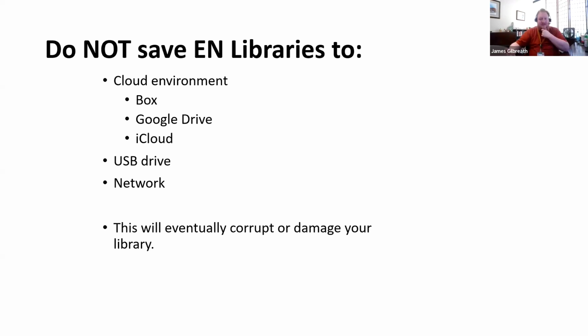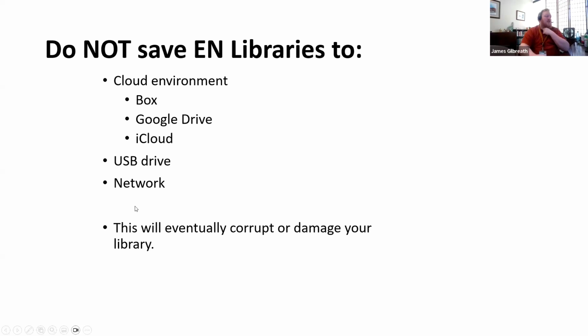So when you first open up EndNote, it will prompt you to create a library. There are places you should not save EndNote libraries to: any kind of cloud environment, so Box, Google Drive, iCloud, OneDrive. OneDrive is a cloud-based solution. You should not save an EndNote library to OneDrive.